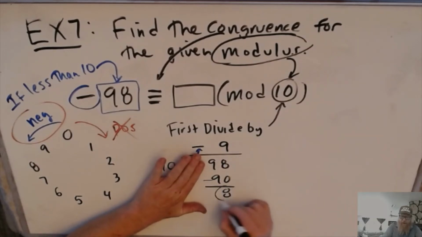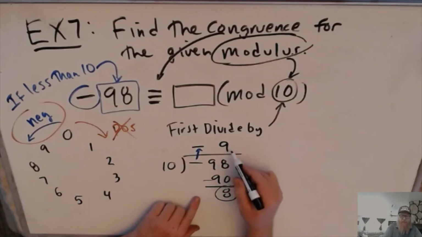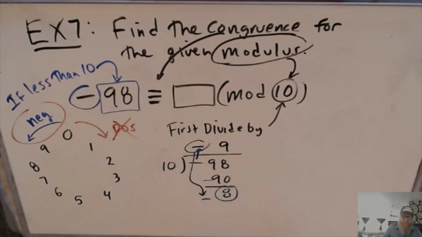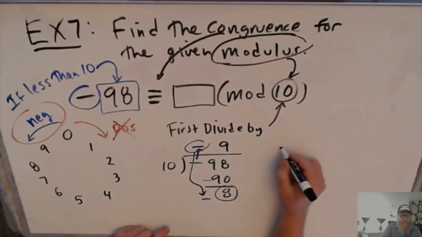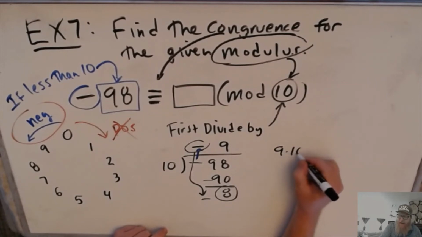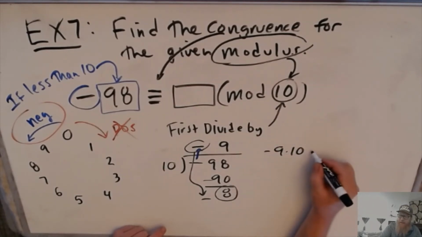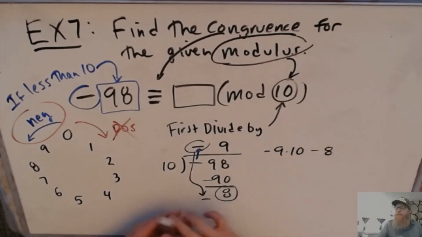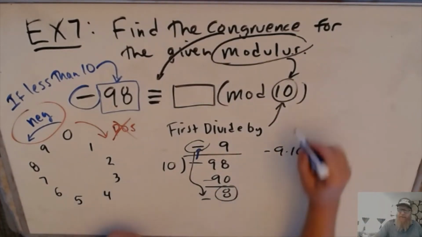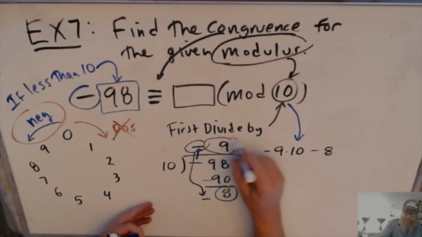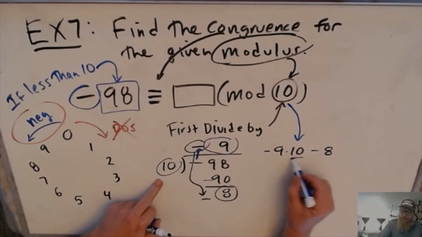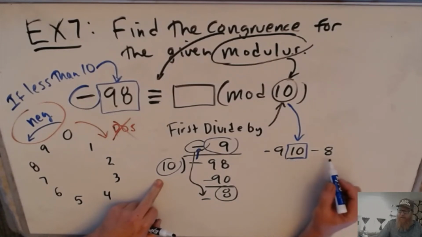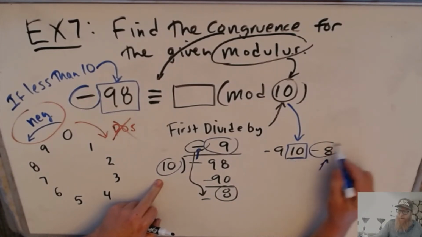So my remainder is 8. So we say negative 9 times 10 minus 8. So again, this is the modulus, negative 9 times 10, and then negative 8 is the remainder.